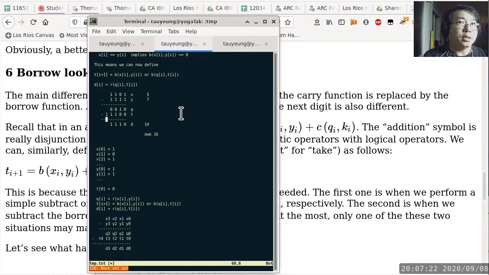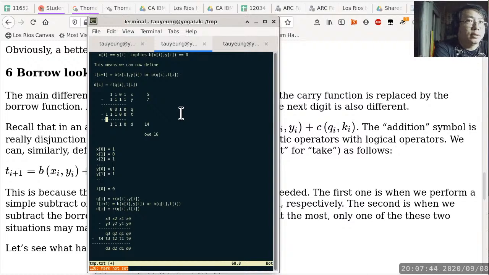It's not because of X3 minus Y3. Okay. All right. Cool.